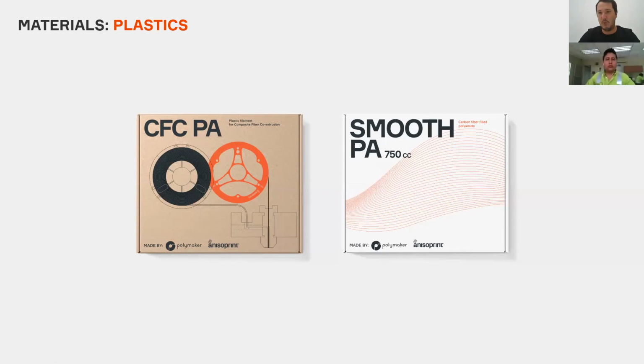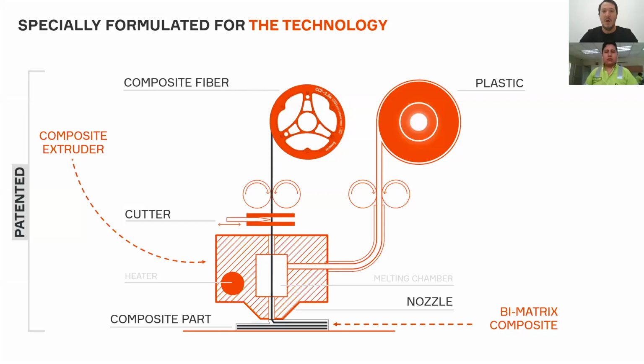But with the Desktop Anisoprinting offering, we start introducing our own plastic materials, which are called CFC PA and Smooth PA. So here I will go a little bit deeper to explain why we are introducing these materials and what's special and unique about them.